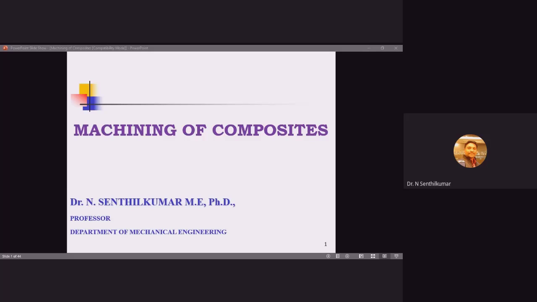The reinforcement produces high strength. So the low strength of the aluminum is compensated by adding reinforcement phases which are high in strength. So lightweight, high strength materials can be obtained by using composites.